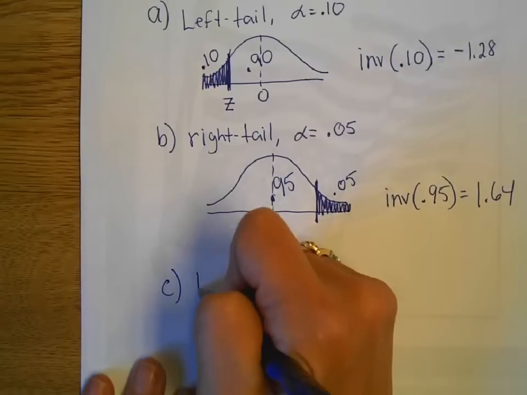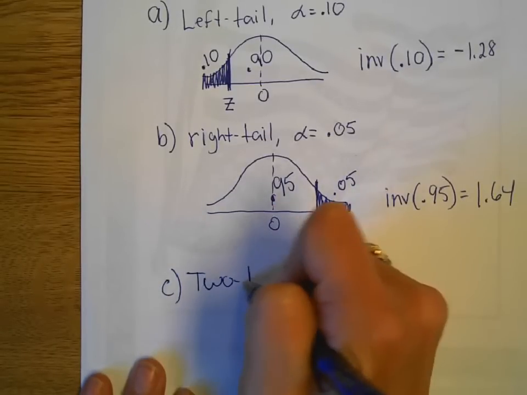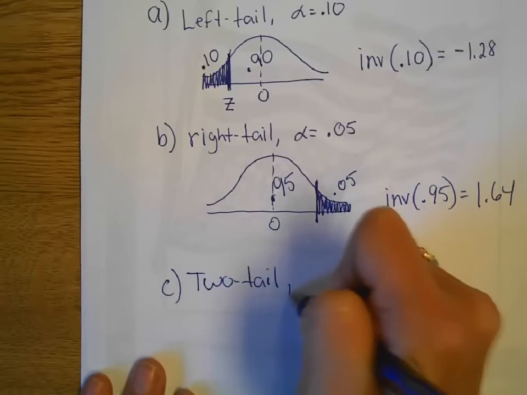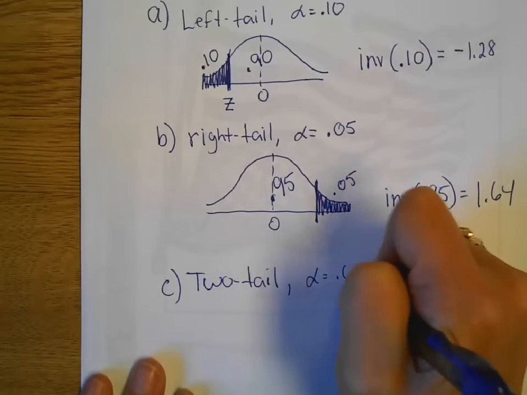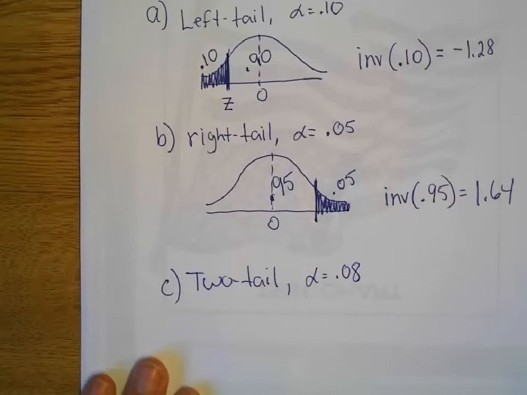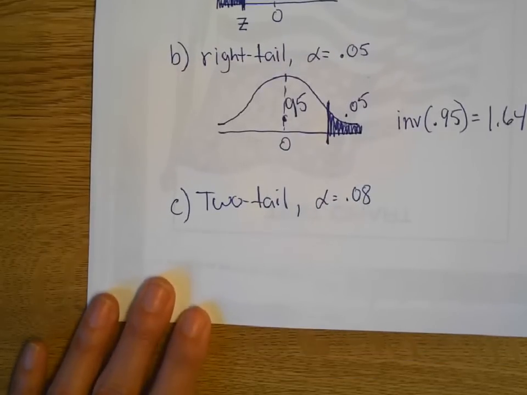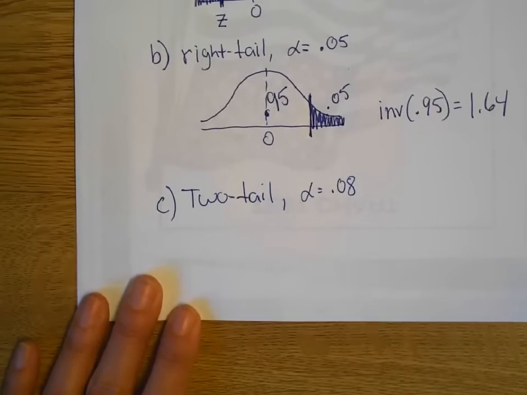Okay, two-tailed test. Alpha equal to 0.08. Which means we've got two rejection regions.